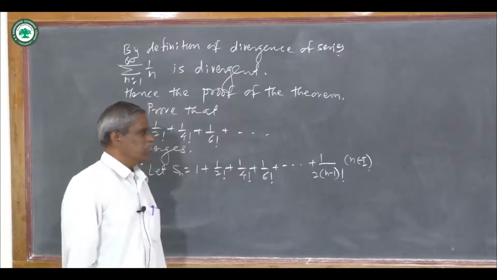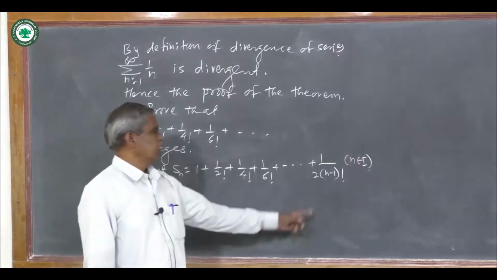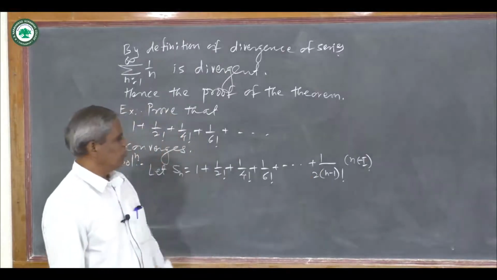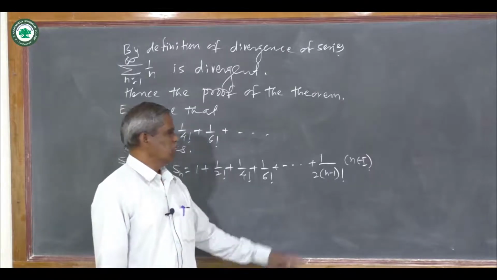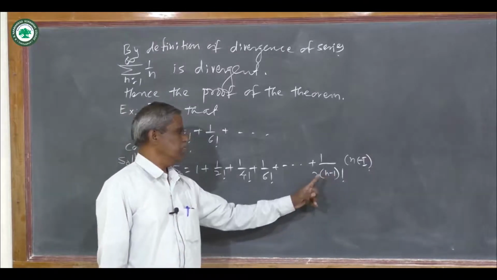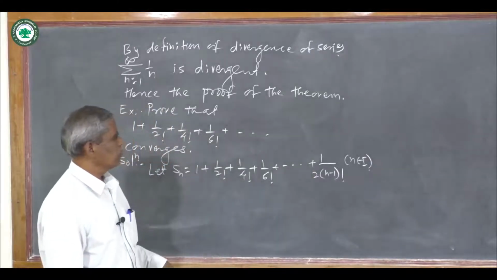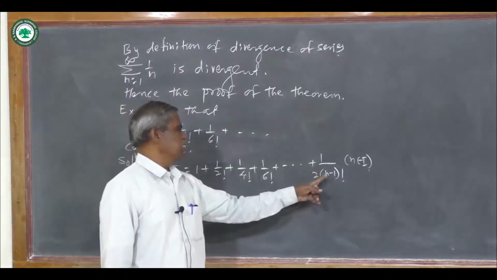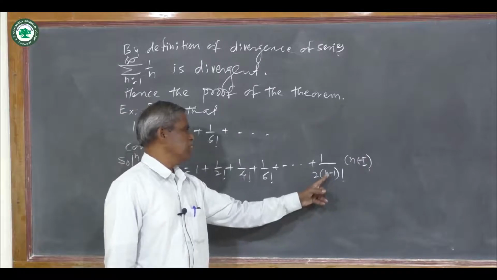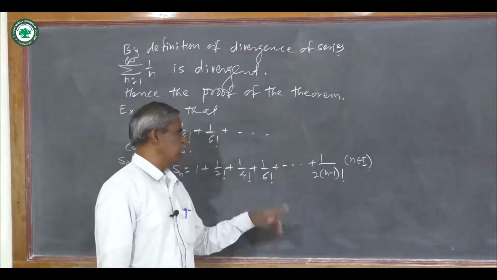If we put n equal to 1, we obtain 0 factorial, which is 1. For n equal to 2, 2 minus 1 is 1, 1 into 2 is 2 factorial. For n equal to 3, 3 minus 1 is 2, 2 into 2 is 4 factorial.